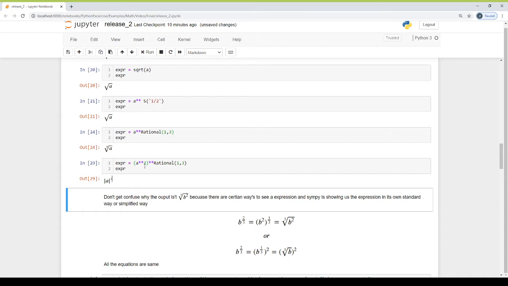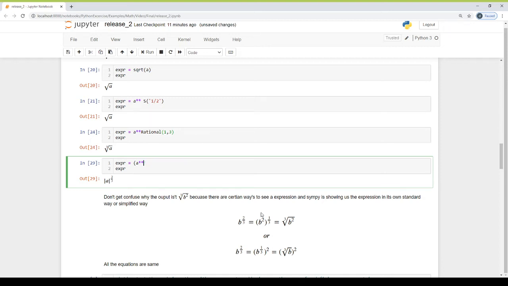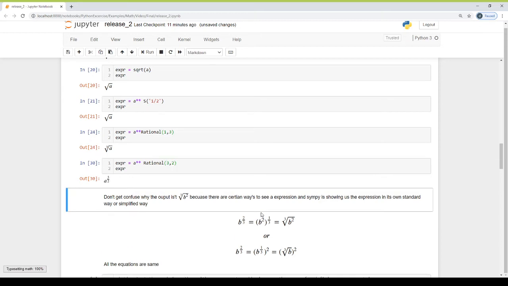We can also write it as expression a raised to power, in a simple way, rational 3 comma 2, and it will give the output a raised to power 3 by 2.